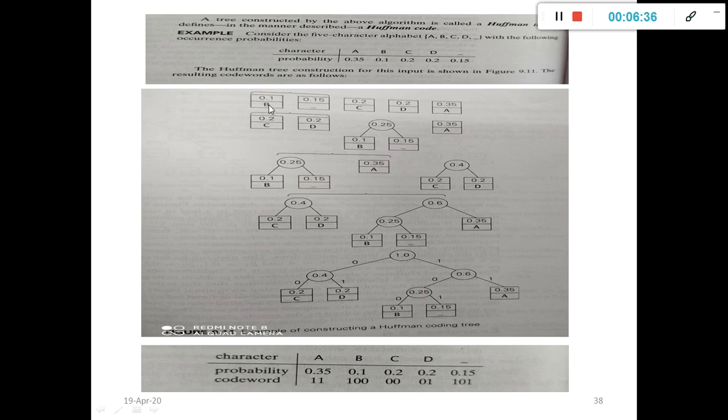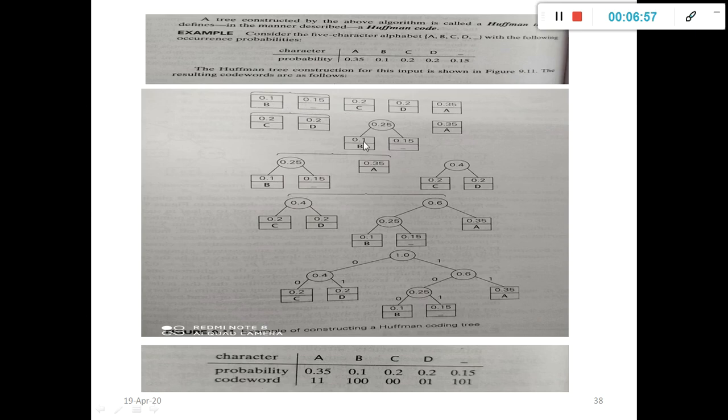Once you have arranged all the characters in ascending order of their probability value, next choose the 2 minimum trees or characters with the smallest weights or the smallest probability value and generate a new tree.